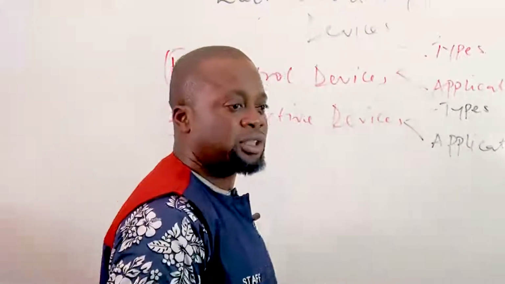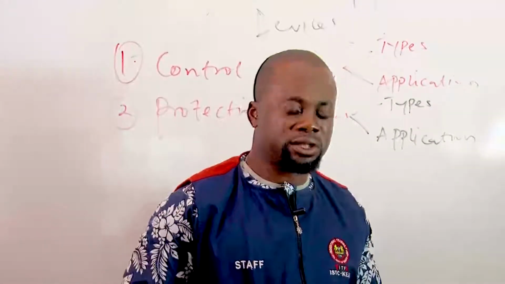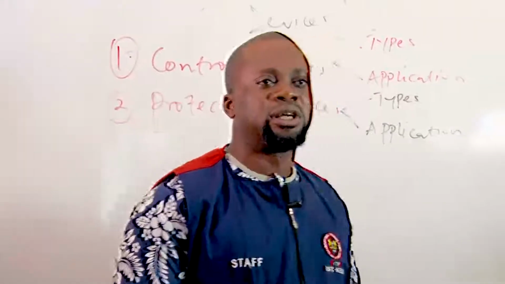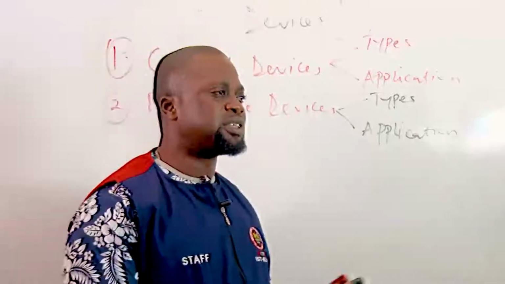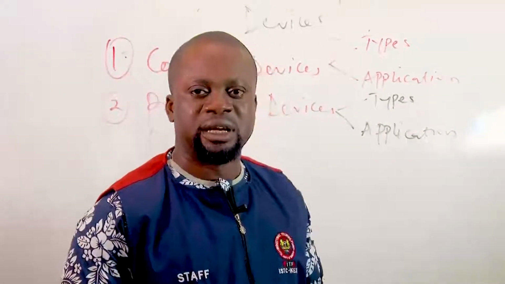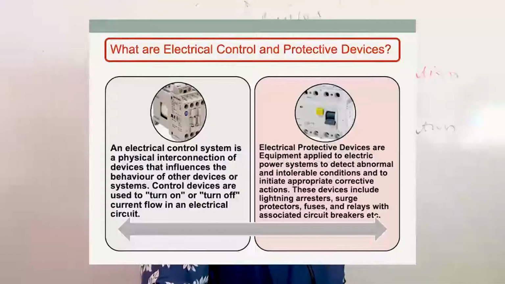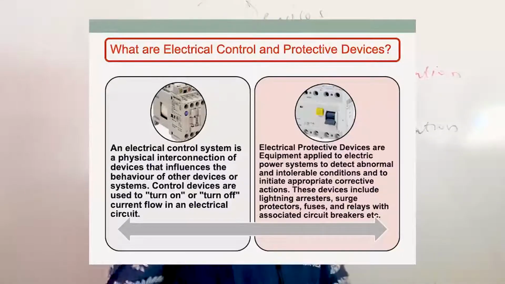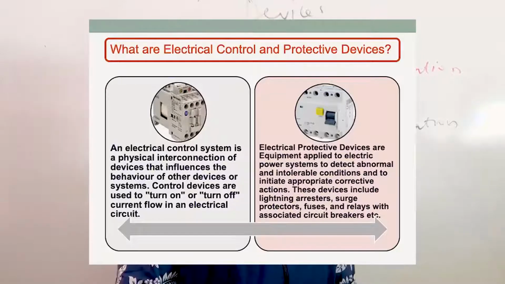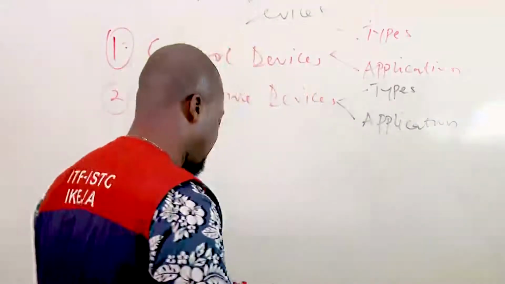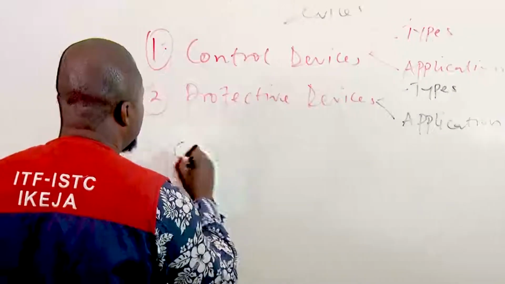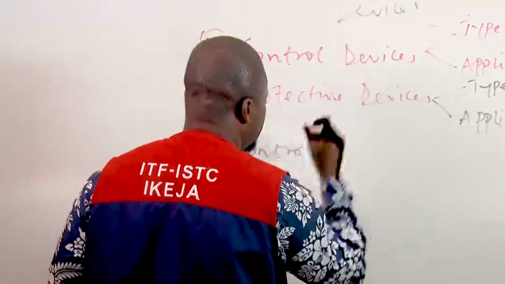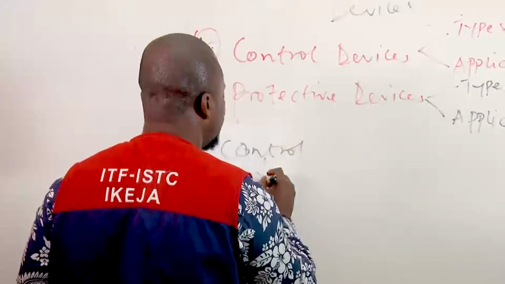So, as we progress, we look at control devices. What do you understand as control devices? An electrical control devices system is a physical interconnection of devices that influences the behavior of other devices or systems. Control devices are used basically for what?